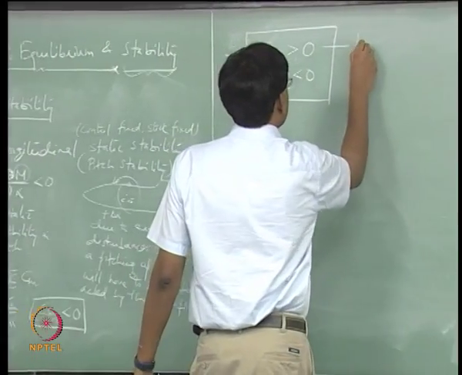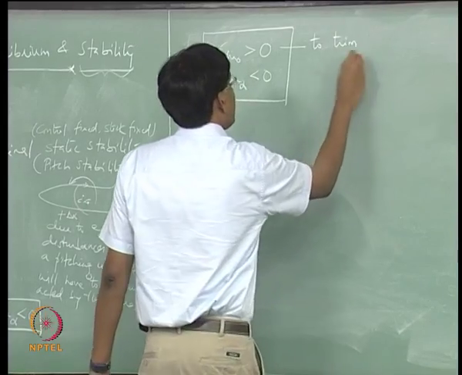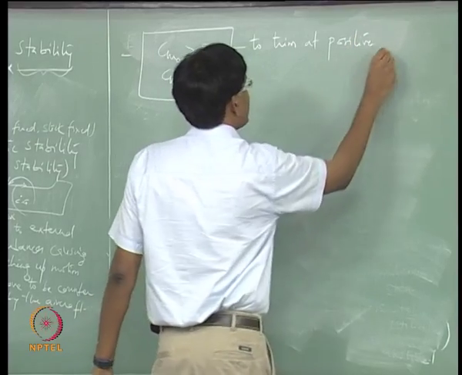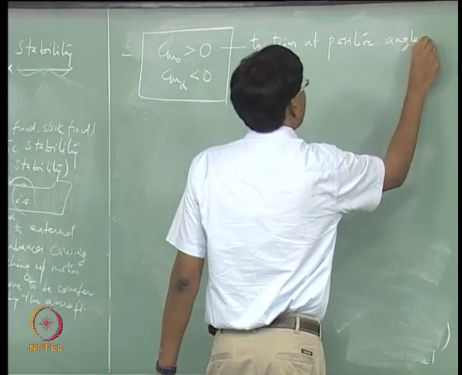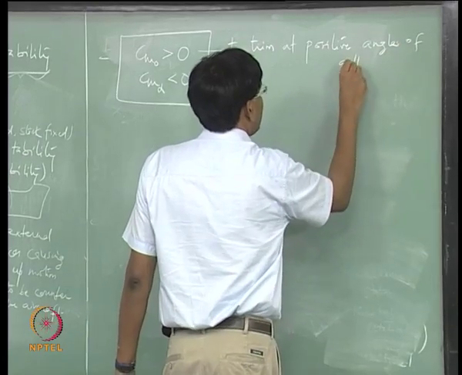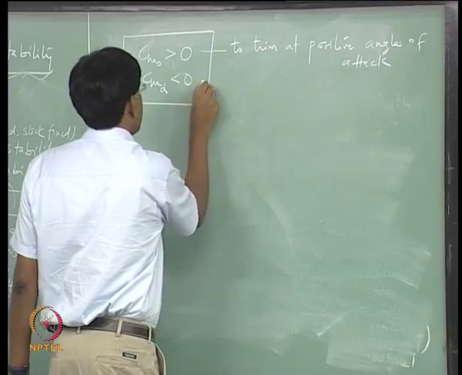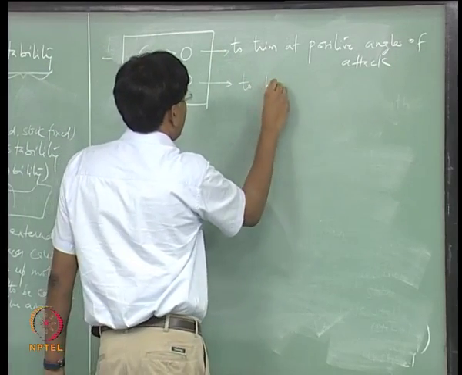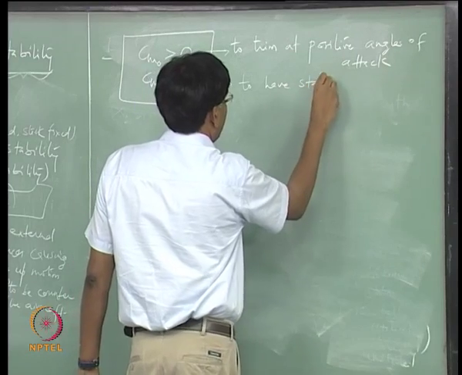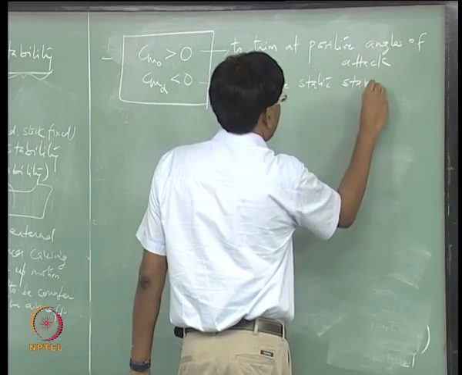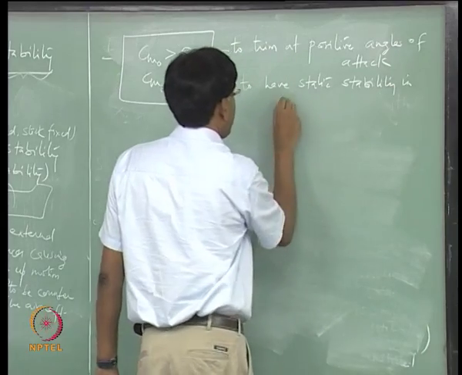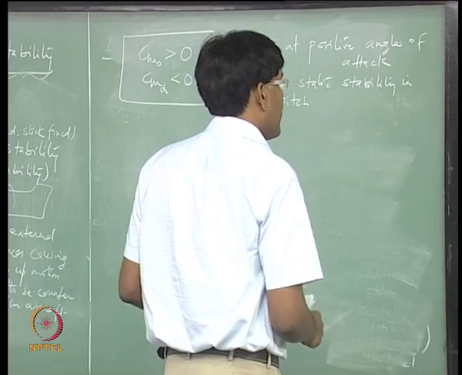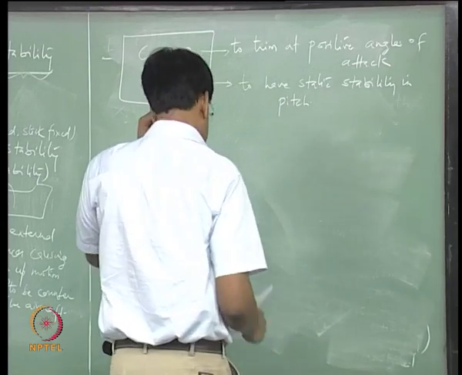So, Cm naught positive is to trim at positive angles of attack, and Cm alpha less than 0 is to have static stability in pitch. Okay.